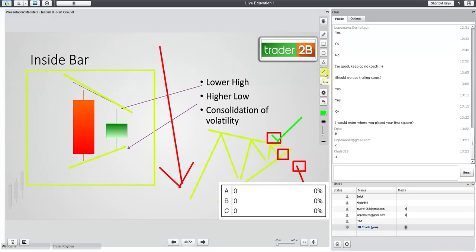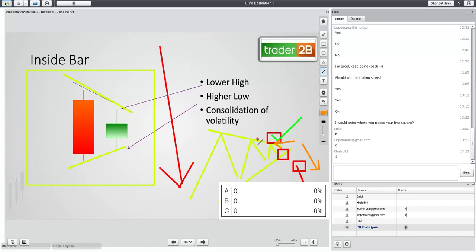This is very indicative of a breakout trade, and in a breakout trade like this, for good risk management's sake, we want to anticipate that the price is going to come down. So we want to be entering our orders here, anticipating that the price is going to break to the downside.